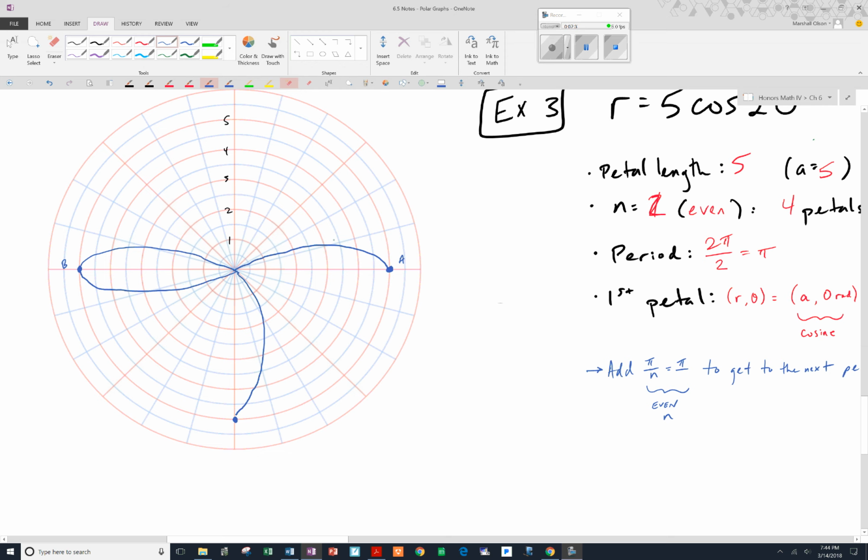Okay, so if we want to show our arrows as to how this is being graphed here, this is actually the order. Okay, and then I came back down through, and here we are, and I come back here.